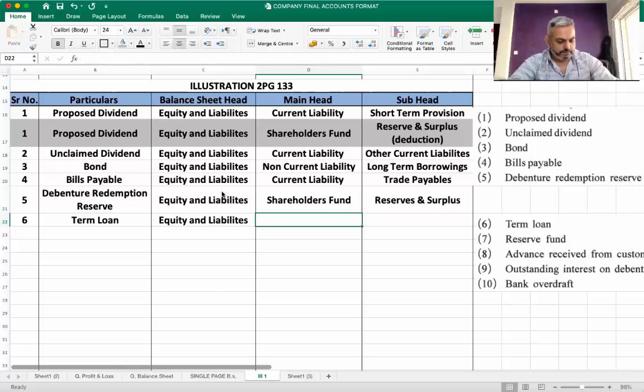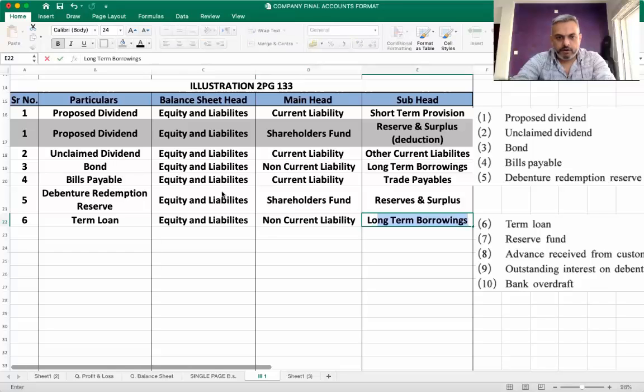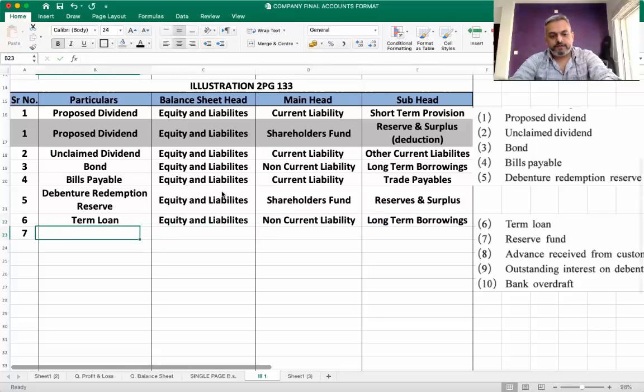Page number 128. Under the heading long-term borrowing, you have debenture, long-term loan or term loan, bond, and public deposit. So that is why it's important for you to remember this. Non-current liability, long-term borrowing.